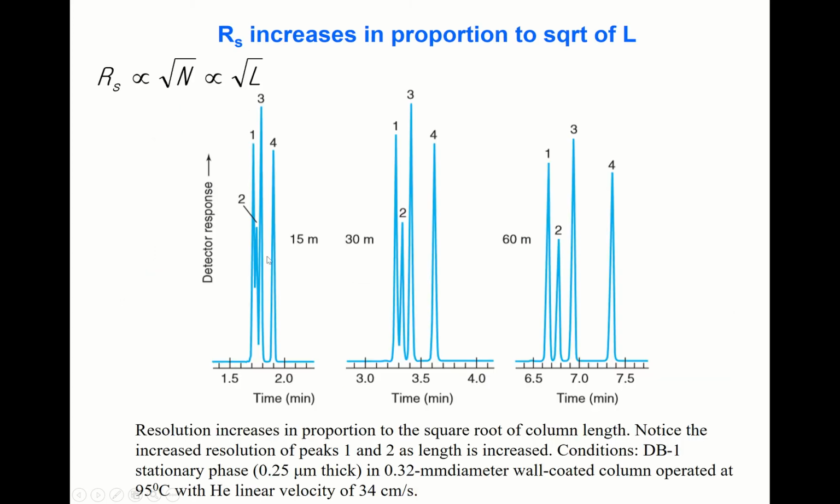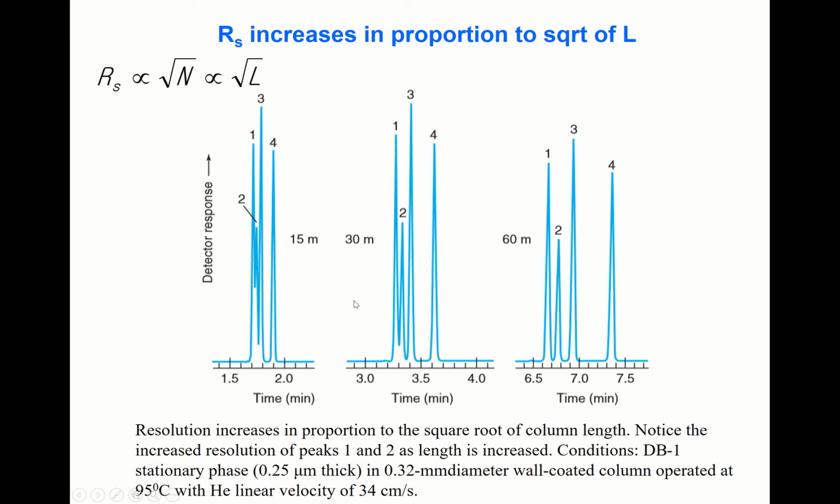Let's take a look at these three chromatograms, where the only difference is the column length. Everything else is the same. The first one was done with a 50 meter column, the second one has a column length of 30 meters, and this one is 60 meters.